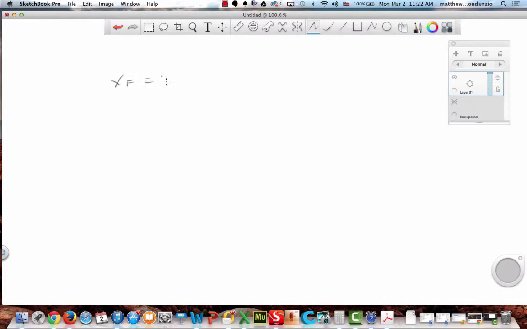X final equals X initial plus V naught delta T plus 1/2 A delta T squared, right? And this really means this is our delta distance, right? Equals V naught times delta T plus 1/2 A times delta T squared. Okay. If we're moving, we're going to change distance, right?